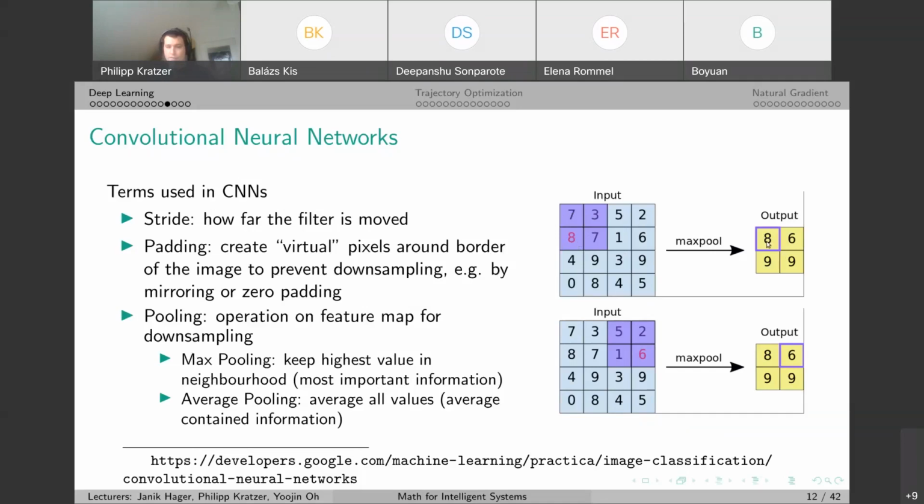The idea is that the highest value might be the most important information in this area, and that this way we can reduce our feature size, which is super useful.